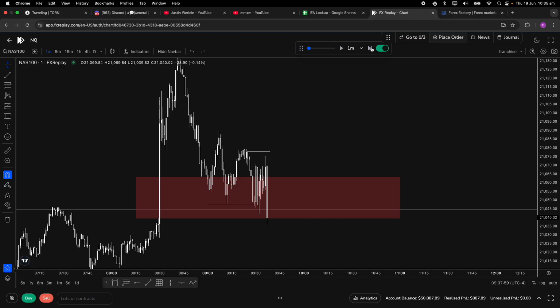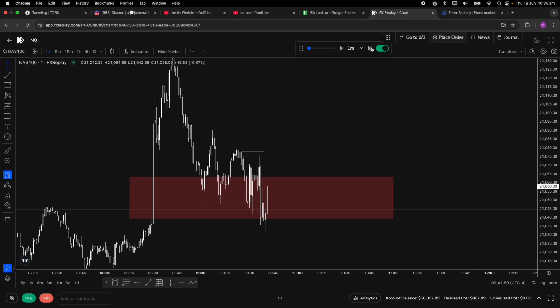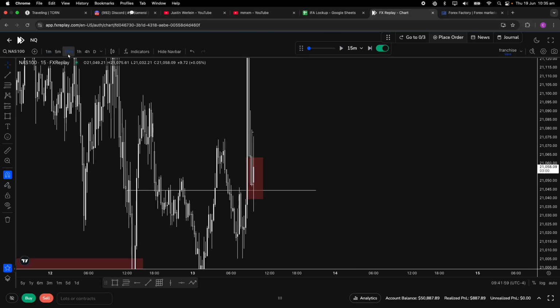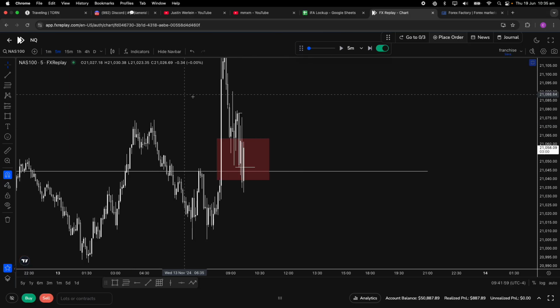So we're lacking displacement now. Okay, so we're still inside of this. So I'll soup this low. Did we go for any lower gaps? We went for an inverse gap here, but we'll see if that's valid.